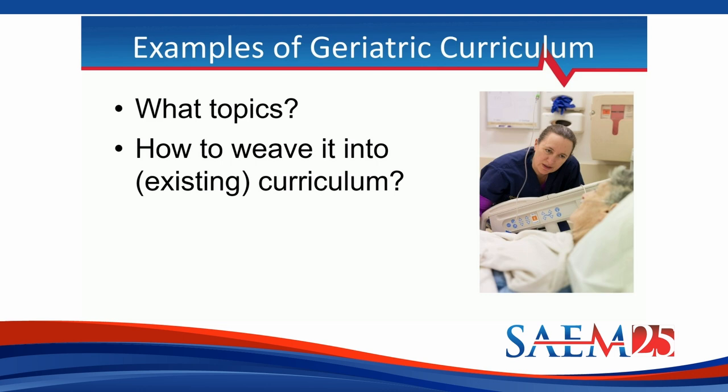As we learned more about implementing our geriatric ED, we started thinking, actually there are things like malnutrition and cognitive impairment, not totally sexy topics, that are probably really important for us to cover. So that was sort of our first approach.